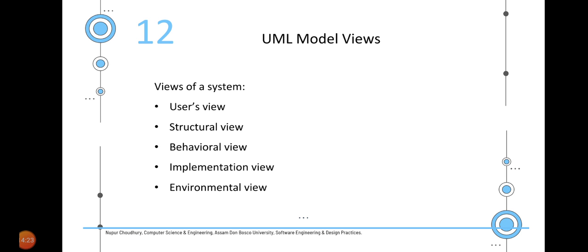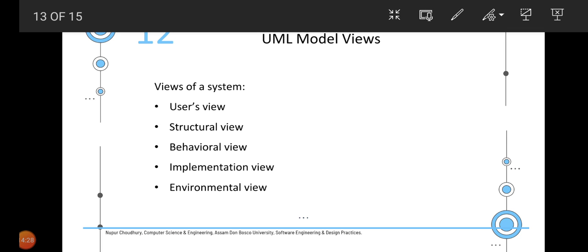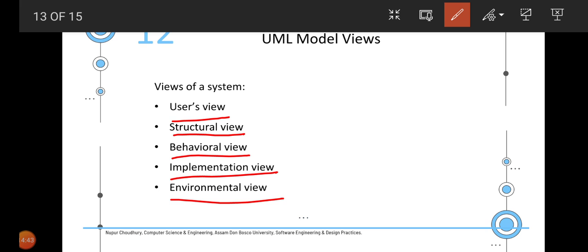When we are talking about UML model views, there are 5 different perspectives from which you can view a particular modeling language or design: the user's view, the structural view, behavioral view, implementation view, and environmental view. The user's view essentially depicts the use case diagram and the actions the user is capable of doing with the particular product or project.